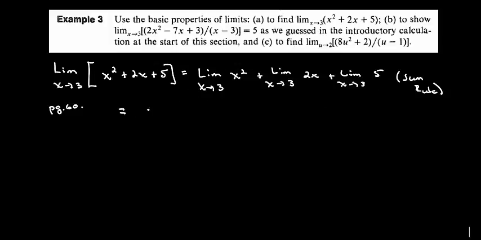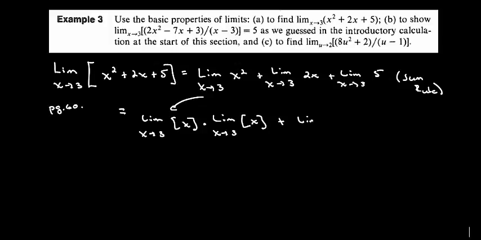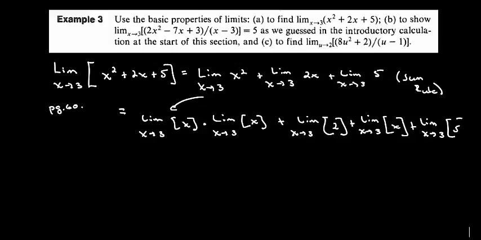I'm going to say that this guy right here is equal to the limit as x approaches 3 of x times the limit as x approaches 3 of x, plus the limit as x approaches 3 of 2 times the limit as x approaches 3 of x, plus the limit as x approaches 3 of 5.